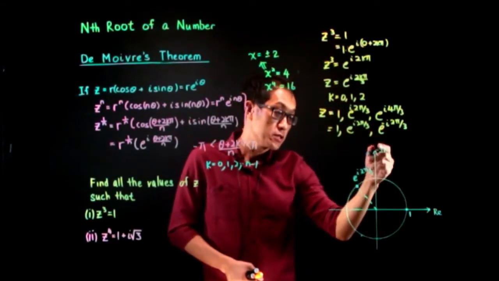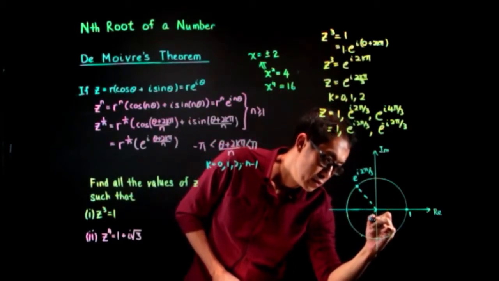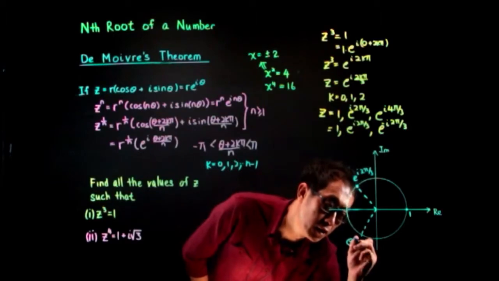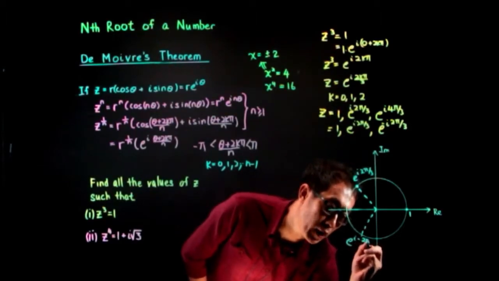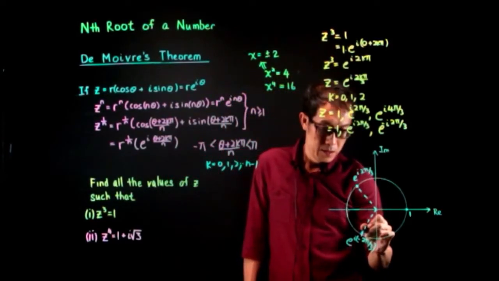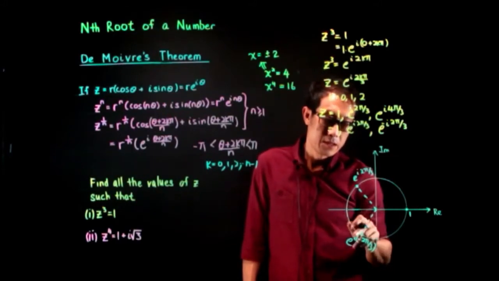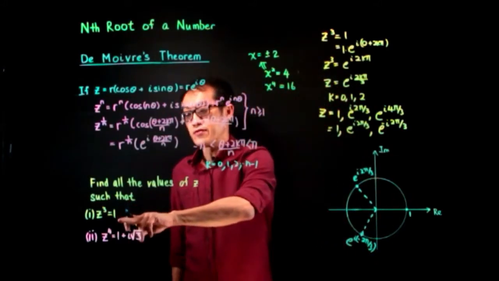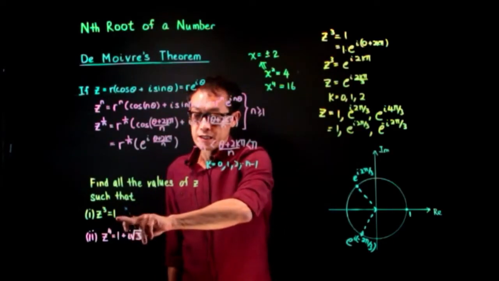The other one is minus 2 pi over 3, e^(i minus 2 pi over 3). So these three are the complex numbers that satisfy this equation.